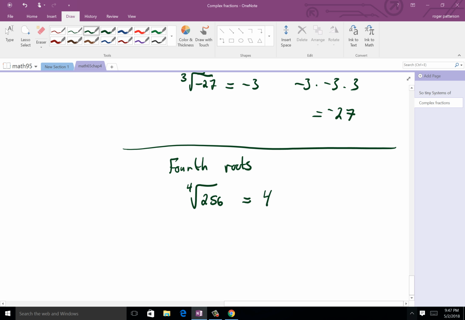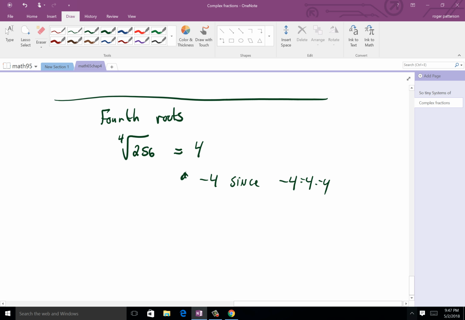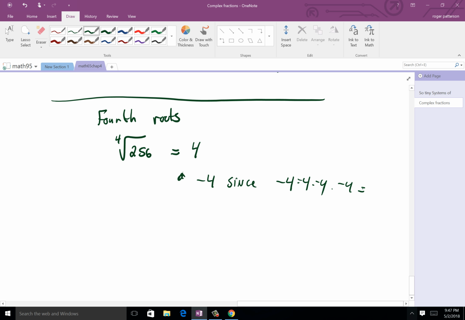All right. Again, with the fourth root, it could be plus or minus because it could also be a -4, since -4 times -4 times -4 times -4 gives us 256. So the fourth root of 256 could be a positive or a -4.